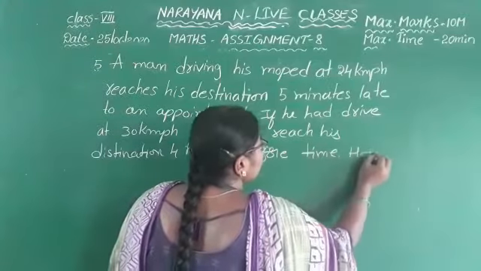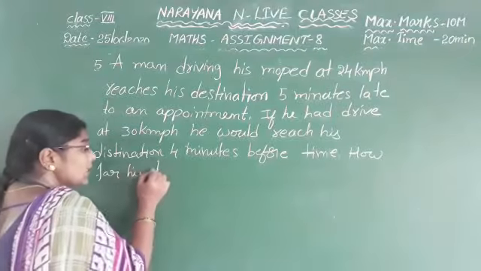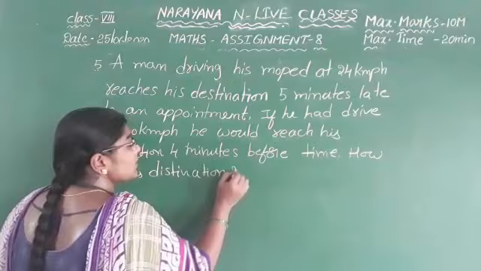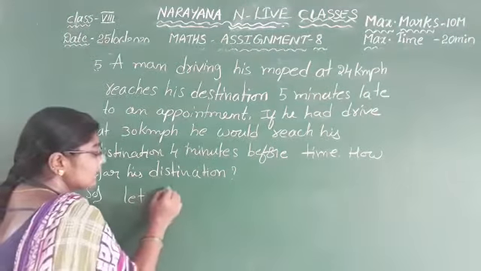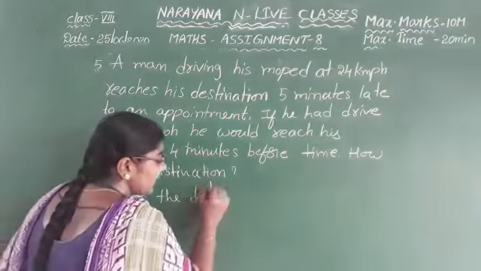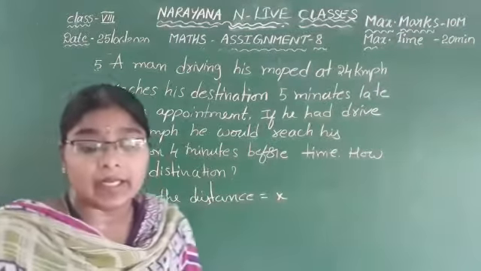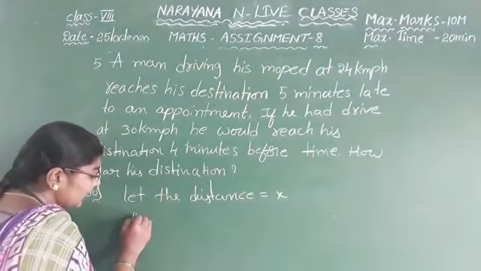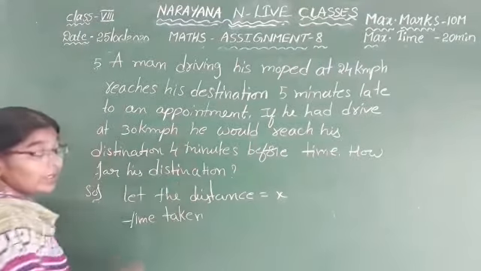How far is his destination? Here we don't know the distance, so let the distance be x. Next, what is given in the question, that is what I am taking here.